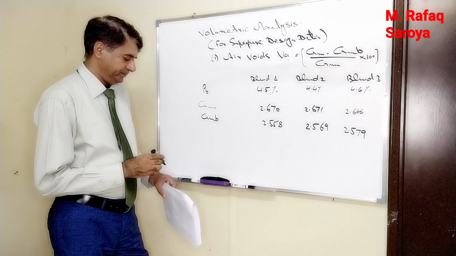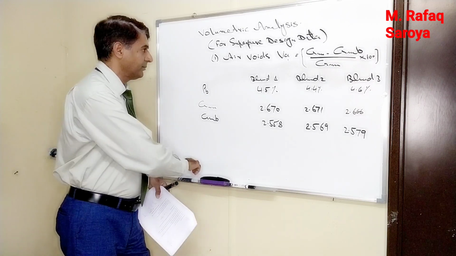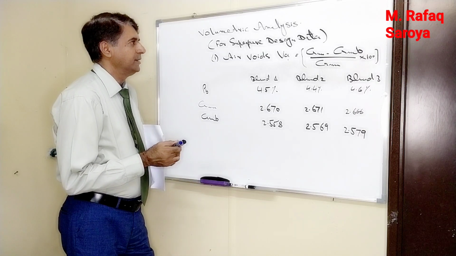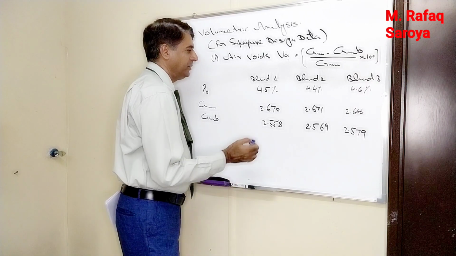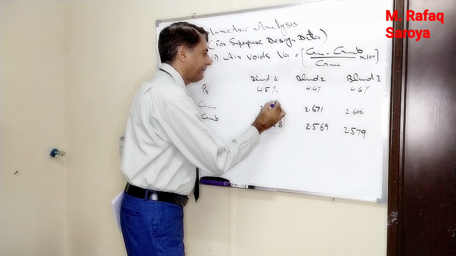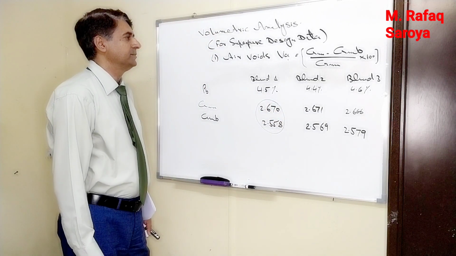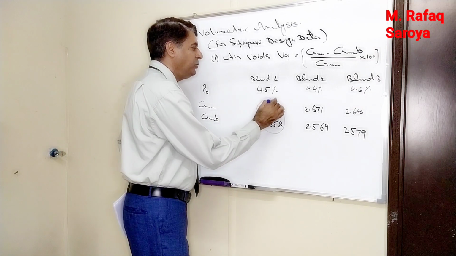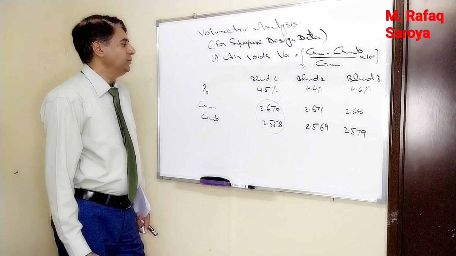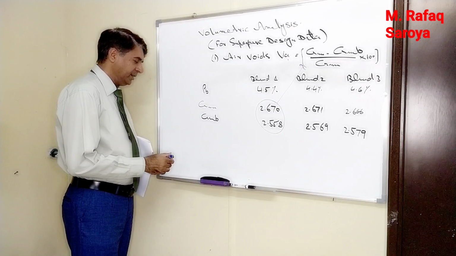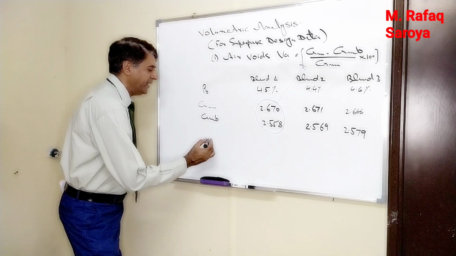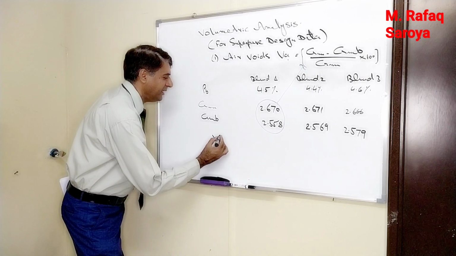Let me tell you one thing. If these values, which I have circled over here, are put in this equation, we are going to get the amount of air voids, which is represented by VA.